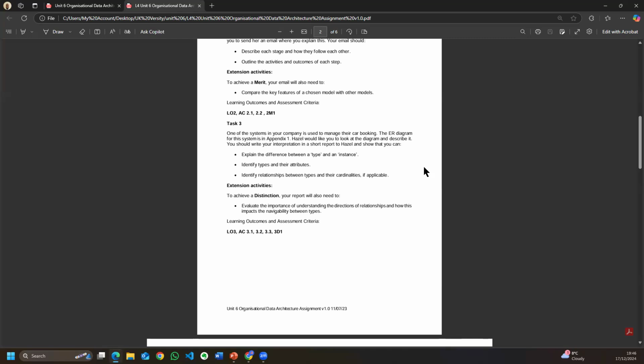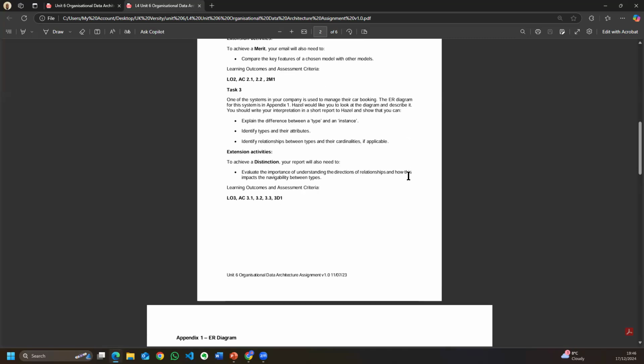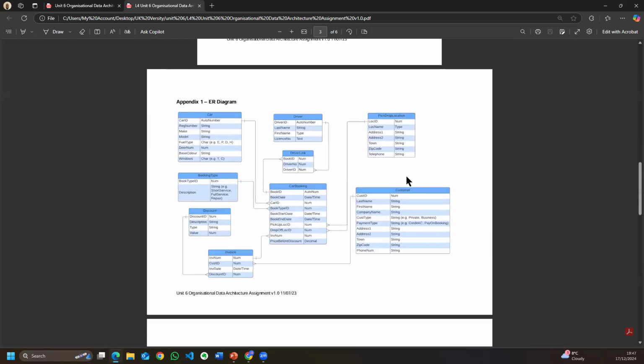To achieve a distinction, your report will also need to evaluate the importance of understanding the direction of a relationship and how this impacts the navigability between types. Here you have the appendix, which you're required to explain for your task number 3.